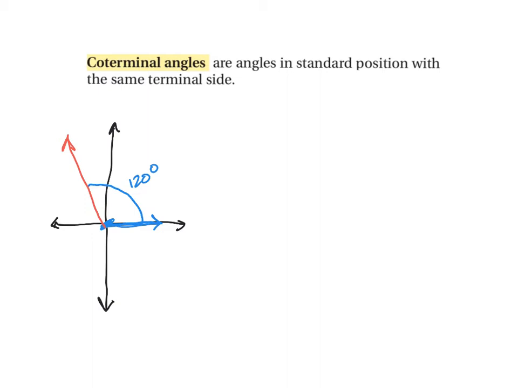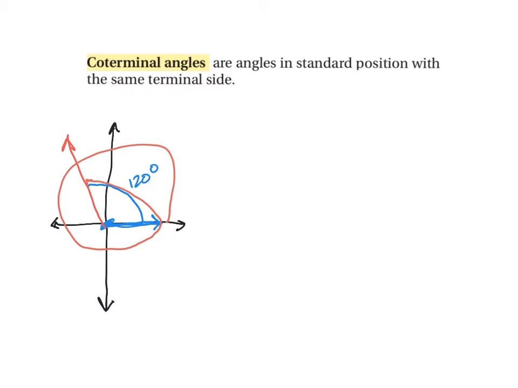Let me draw another angle that is coterminal with this 120, and I'll go in the same direction. I'm going to draw the angle 480. So if I start here and go all the way around once, I'm at 360, and then I go another 120 and stop right there. That's a terrible rotation.